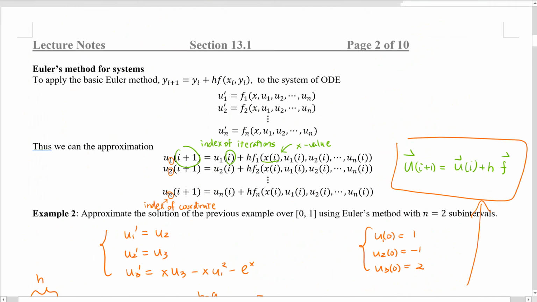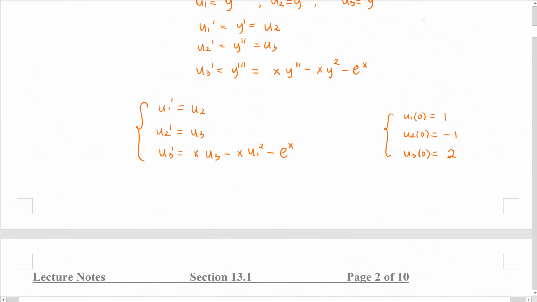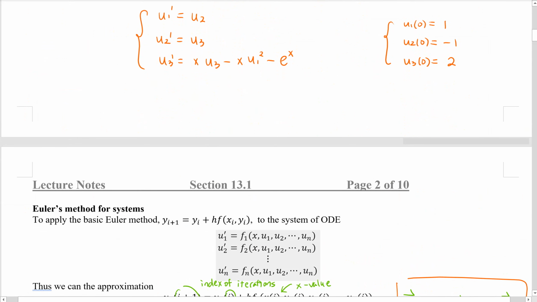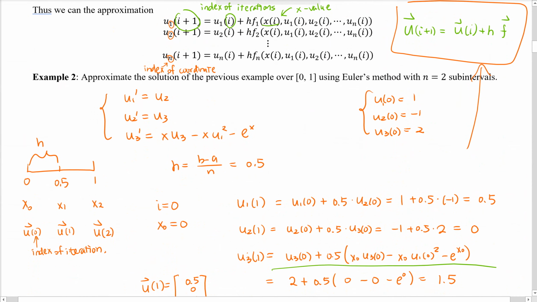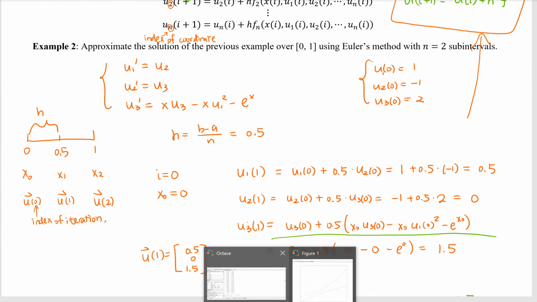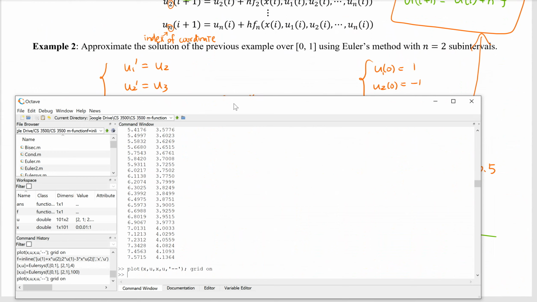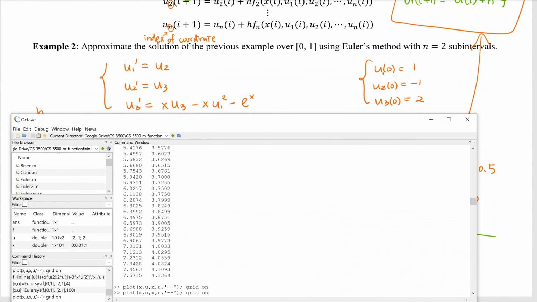We can also check the previous example. Let's see. Oh, this one. So this one, f is a vector with 3 coordinates. First coordinate u2, so u of 2. And then the next one, u3, so u of 3. Sorry about the abuse of notation.